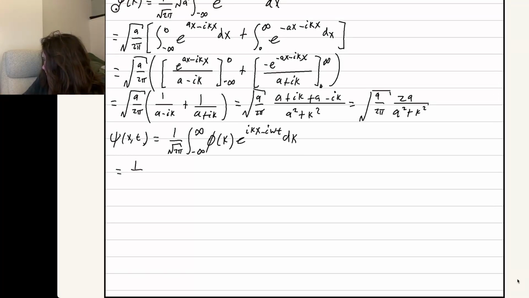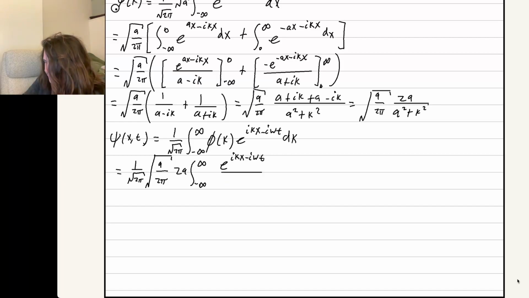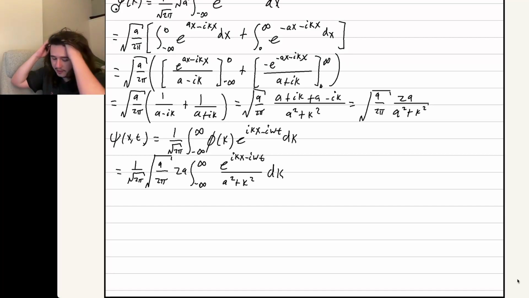So we have 1 over root 2 pi, and then we have a root a over 2 pi from the phi of k. And then we also have a factor of 2a. But in the integral, we have from minus infinity to infinity e to the ikx minus i omega t all over a squared plus k squared dk. And then the problem just asks us to leave it in the form of an integral.